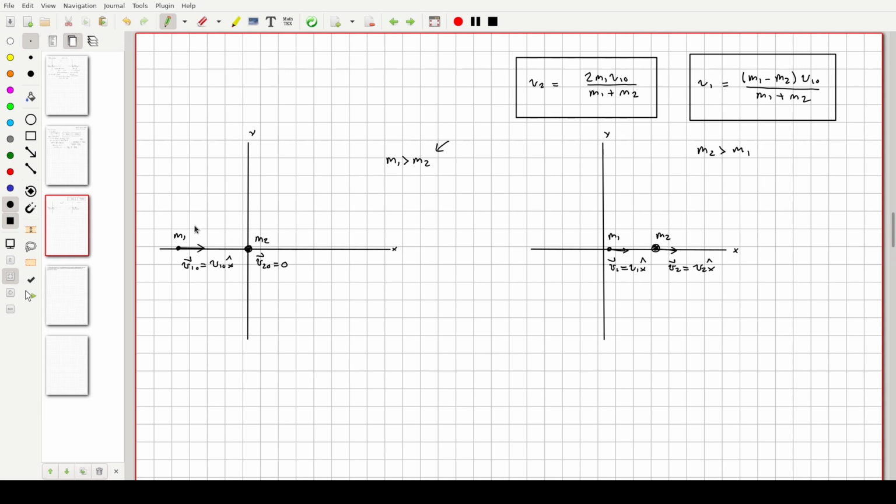V1, remember, is the velocity of our first mass after the collision. If M2 is bigger than M1, then when you do the subtraction, you get a negative sign. So what that means is that V2 is going to continue off to the right like we expect, but object 1 is going to bounce off to the left.